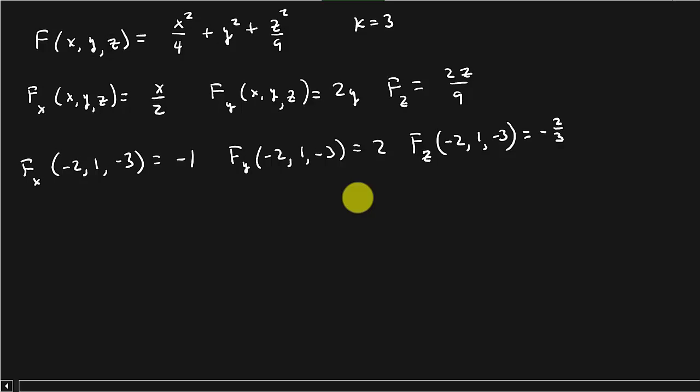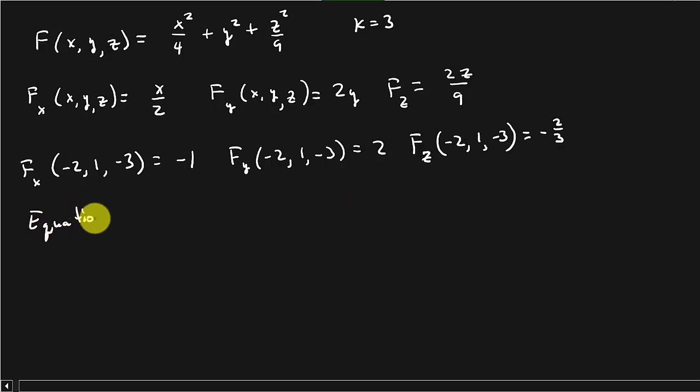Okay. So now we have the equation of the tangent plane is, well, it's what? The partial derivative evaluated at that point. So that's negative 1 times what?